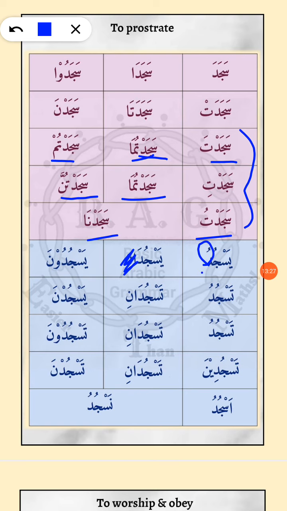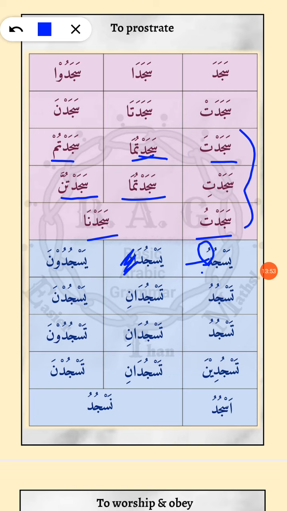Don't worry, it's the same thing, just a different structure. We will cover all of those situations in the next section, inshallah. At this moment, for your current practice, remember that the normal regular harakat for the last root letter in the muzari' is dhamma.